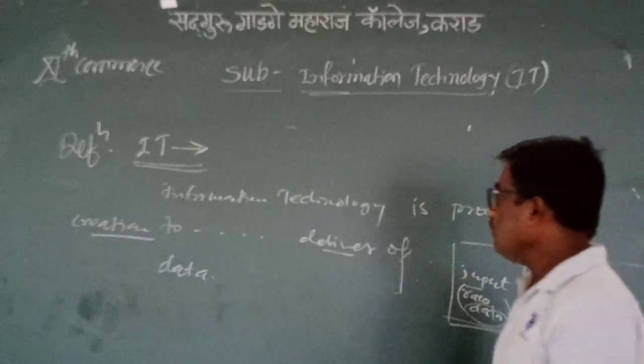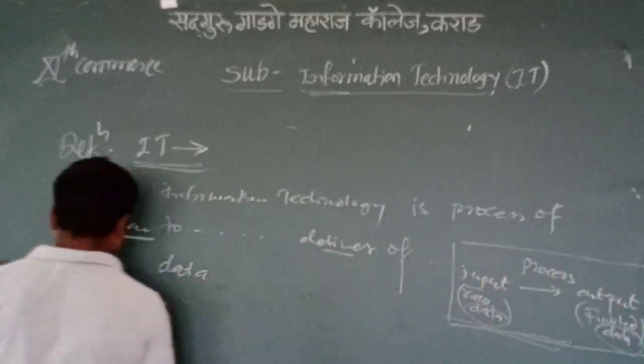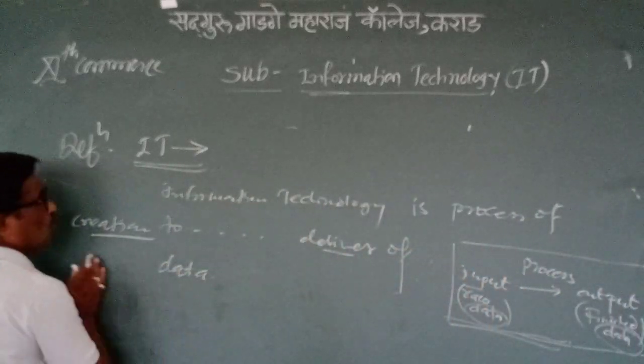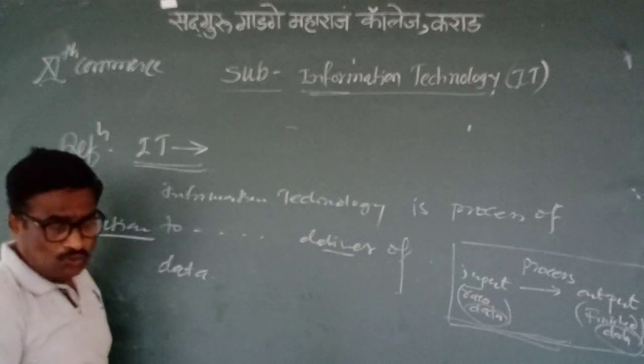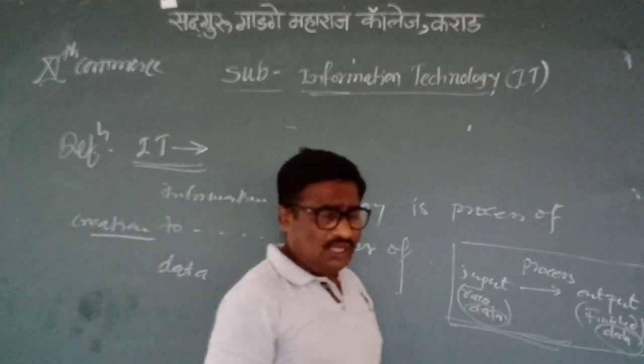Then what are the objects we have to use here from creation to deliver?